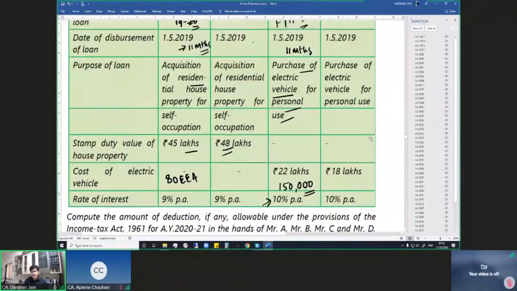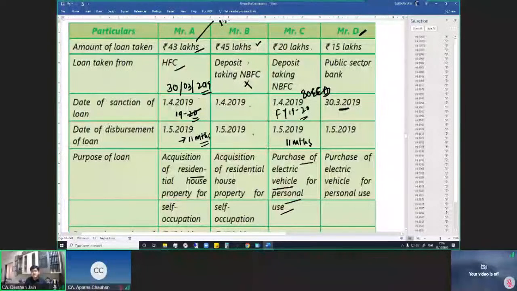Let's check Mr. D. In case of Mr. D, he is taking loan from a public sector bank. Again, it's an eligible institution. However, the loan is sanctioned during the year 18-19. Now, this condition of 80EEB is that the loan should be sanctioned during the financial year 19-20.